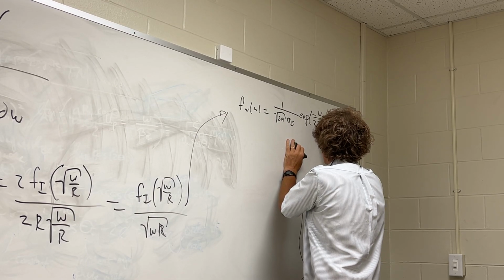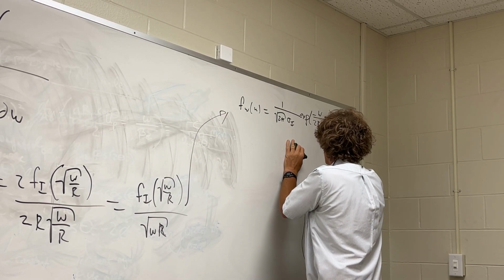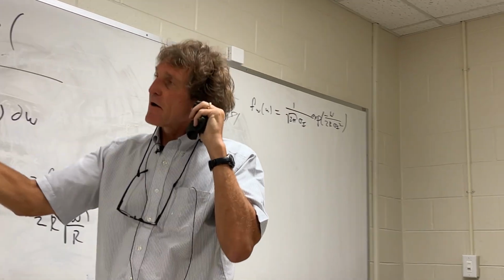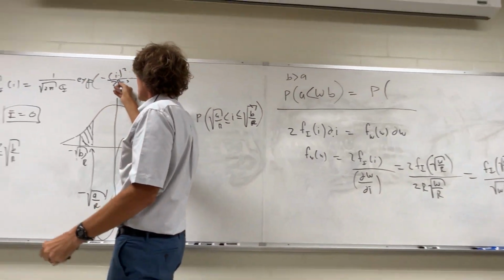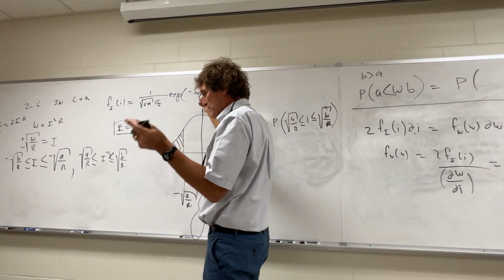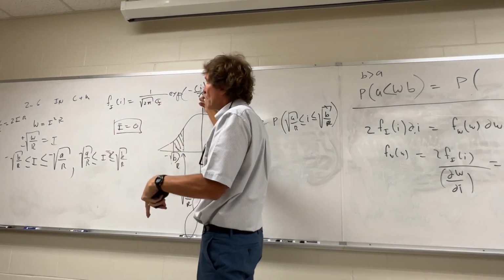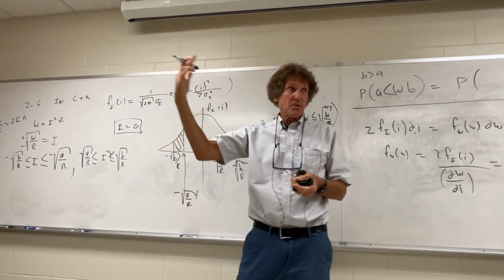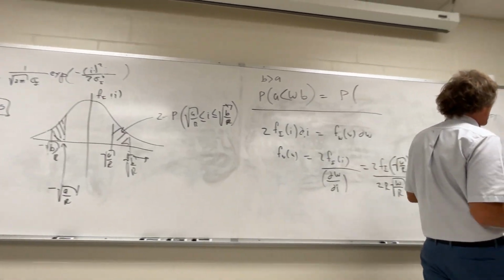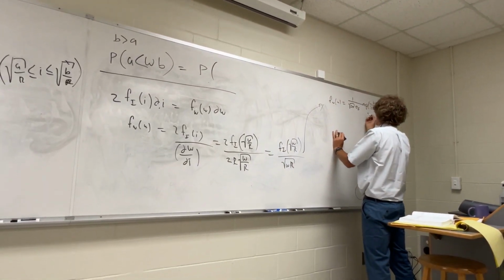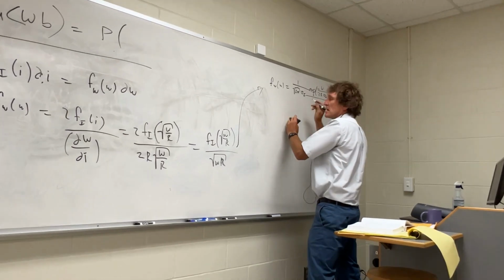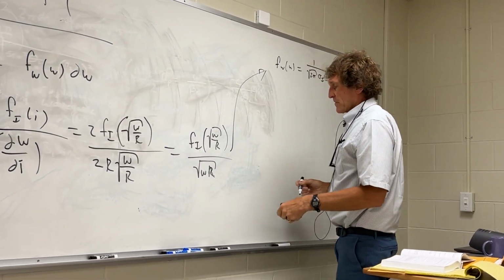And it's really 2R sigma I squared. What I've done there, the 2 sigma I squared, because I is the square root of W over R. When you square it, you get W by itself over R. So it's that, and then you've got to divide all this by square root of omega R.